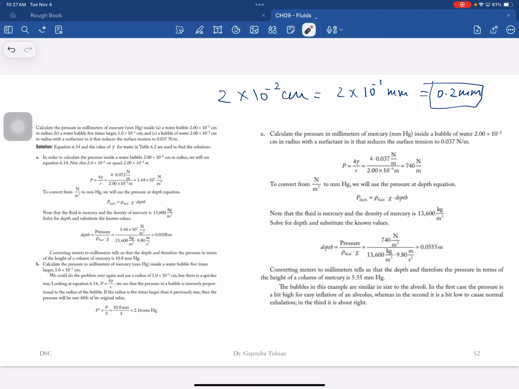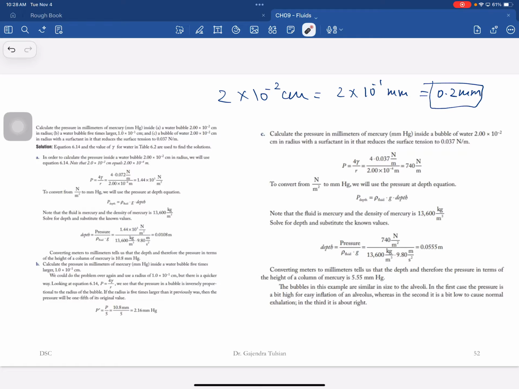So a water bubble of that radius. Here is the water bubble, and the surface tension for water is given.